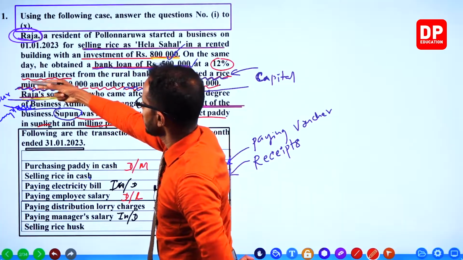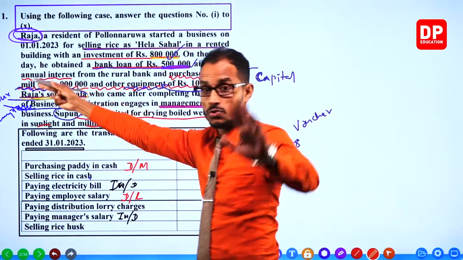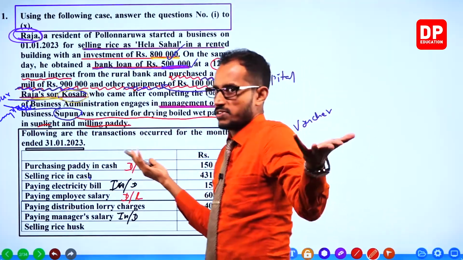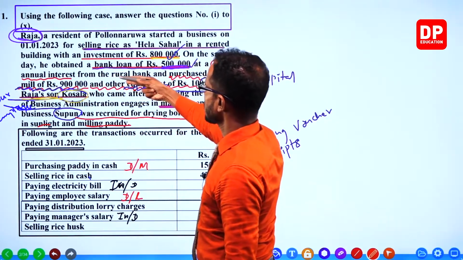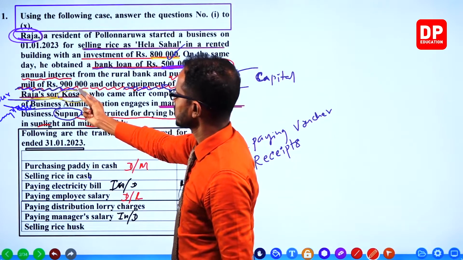Next sentence: interest to the rural bank, 12% annual interest, but we don't know whether it is paid or not. Only if it is paid can we put it. We have to find out.